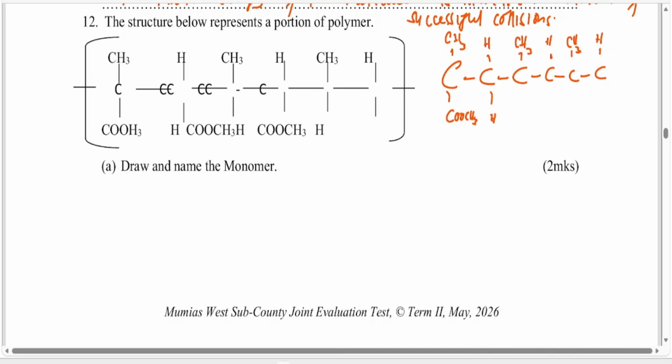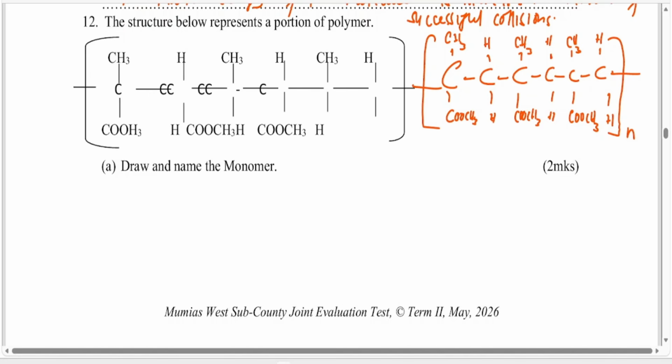Then we have H. Then we have this again repeating itself, then H, and this repeating itself, and H. And then we have this, and it is a polymer. Being a polymer, it may be repeated as many times as possible.